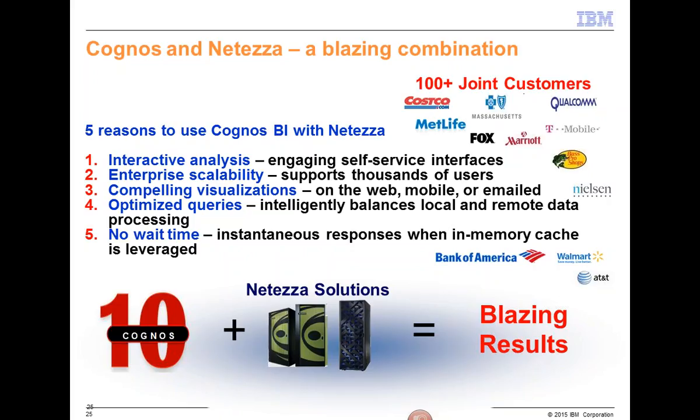The second one is enterprise scale, and again, I pointed to this earlier. We can support thousands of users on these systems. So you can roll enterprise analytics out to the enterprise rather than just having a little coven, if you will, of data scientists or people who do analytics, and that's all they do, and they can't roll it out to anybody else who might have a need for it and maybe come up with other better ideas for the company.